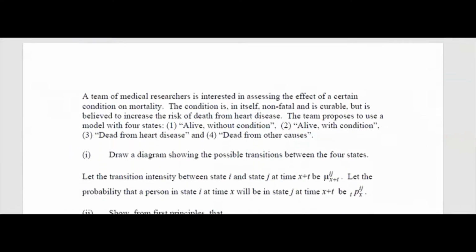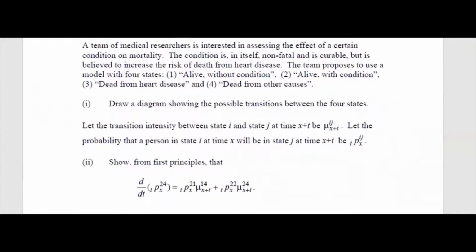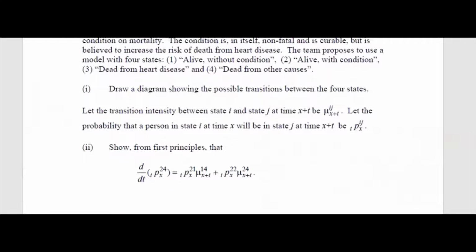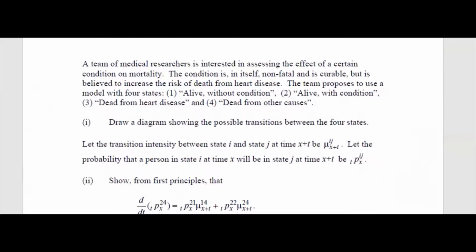If you go to question 2, this is also similar, but here we are talking about 4 states. One is alive, then dead from other causes, and heart disease. These are the 4 states.